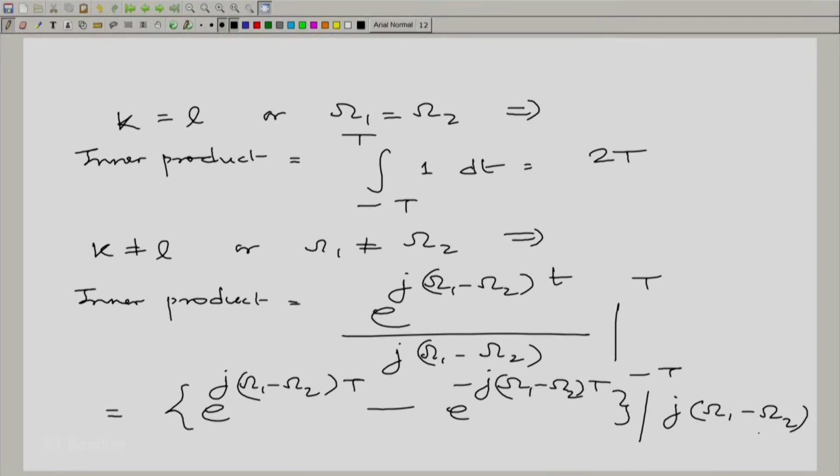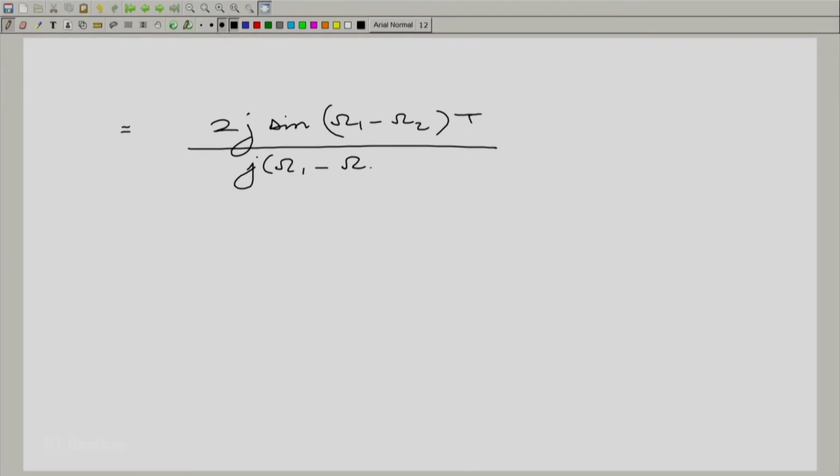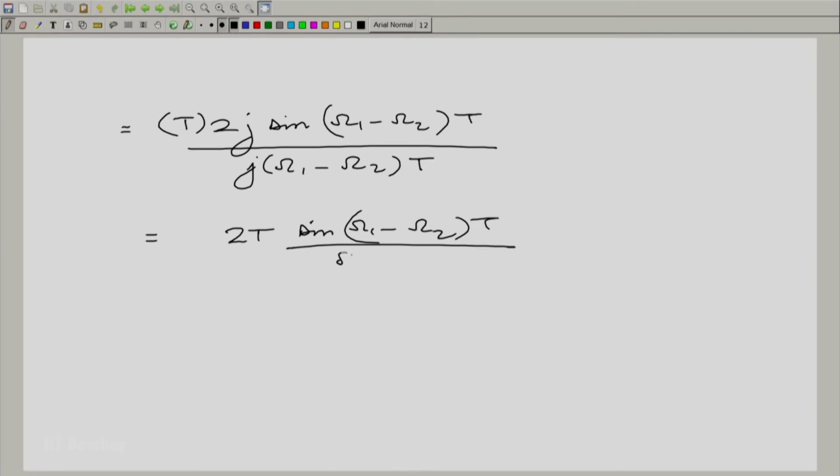Note that omega 1 is not equal to omega 2. And of course, you can simplify this, because this is essentially a sine kind of quantity. So this becomes 2j sine (omega 1 minus omega 2) T divided by j (omega 1 minus omega 2), and you can multiply and divide by T. So that gives you 2T sine (omega 1 minus omega 2) T divided by (omega 1 minus omega 2) T.